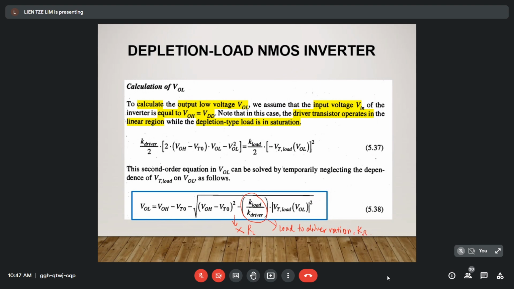This KR will determine the shape of the VTC. Others like VOH and VTO are also in the calculations. We need to define the values to substitute into this formula to get the VOL.